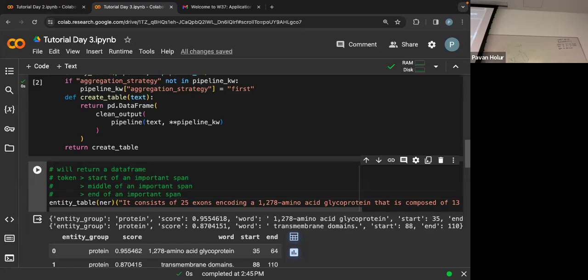You said they come together. So what can be done is that if you have multiple tokens that form this phrase in one span, that form this phrase 1278 amino acid glycoprotein, that form one group, and you want to classify that as one thing, then what can you do?